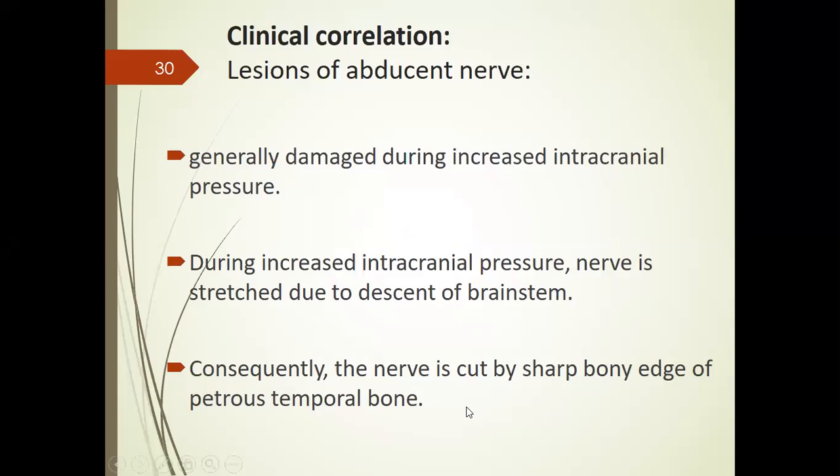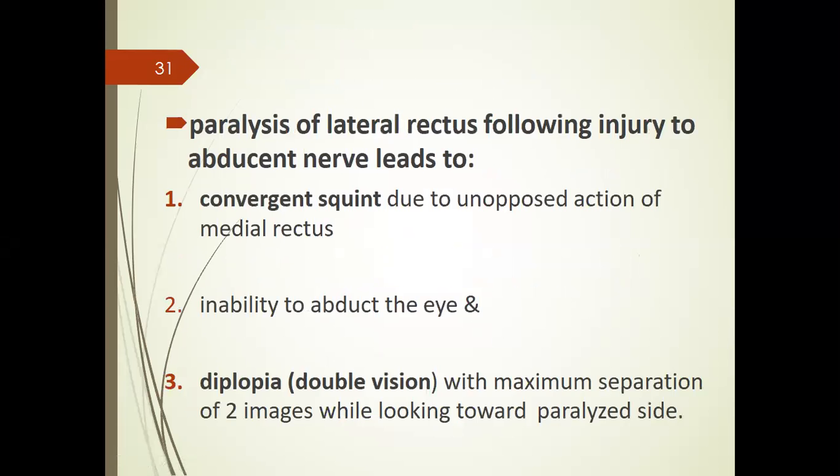Consequently, the nerve is cut by the sharp bony edge of the petrous temporal bone. Paralysis of the lateral rectus following injury to the abducens nerve leads to squint, that is convergent squint, due to unopposed action of the medial rectus.